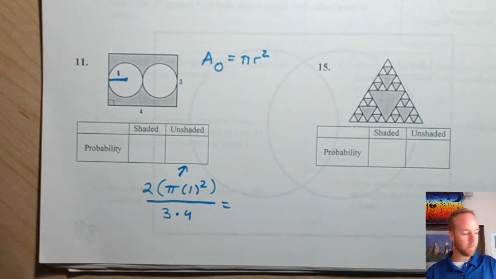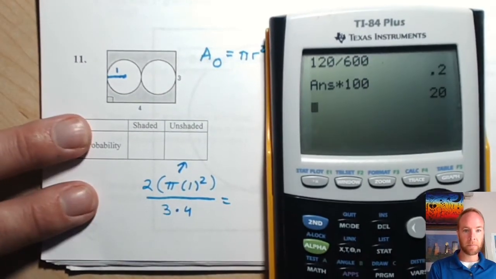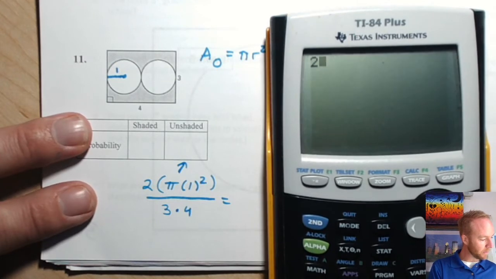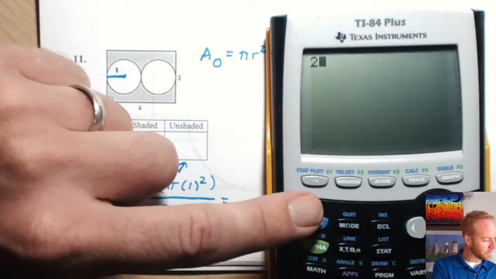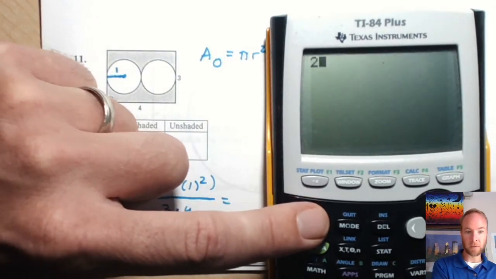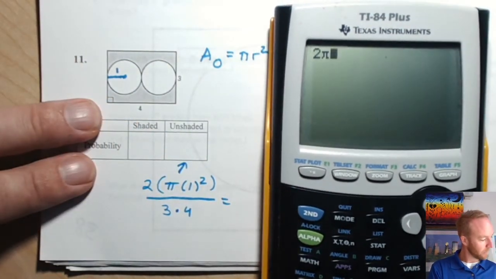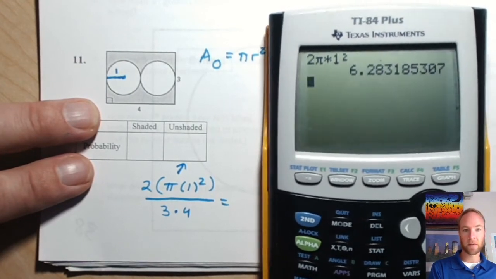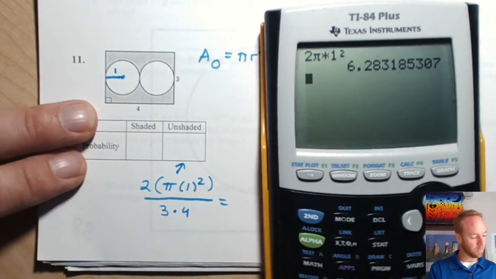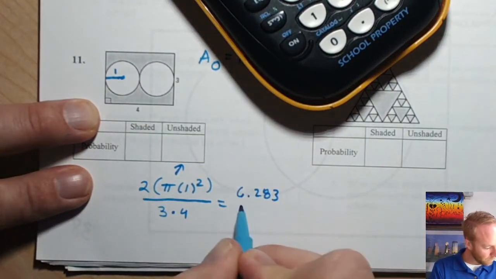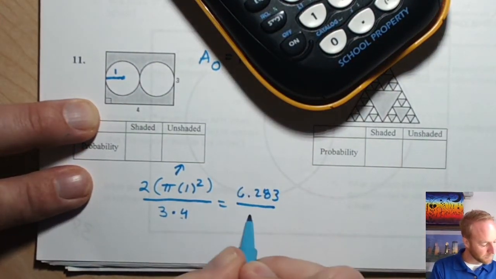So if I multiply this out, 2 times the pi button on this calculator, or you could just use 3.14, times 1 squared. That's going to be the numerator, 6.283, divided by 3 times 4.